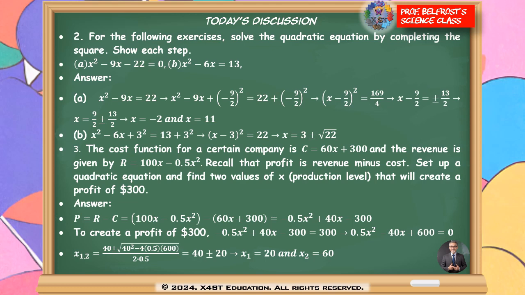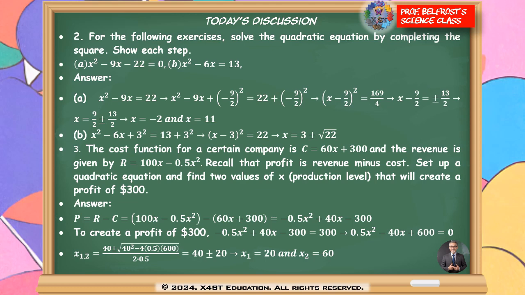Then you take the square root of both sides and proceed as shown in the slide. This is very simple, and you get the answer for a is minus 2 and 11, and for b the answer is 3 plus minus square root of 22. Done.